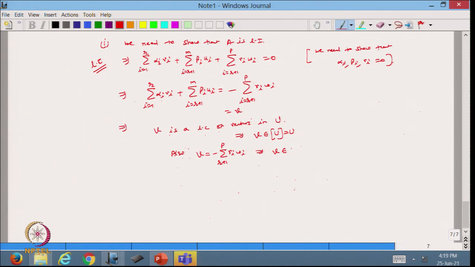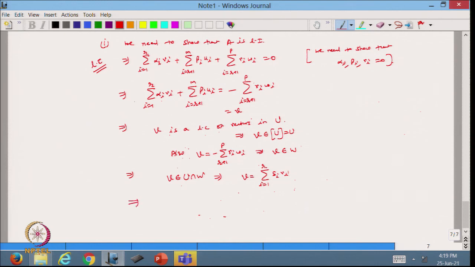So V also belongs to W. Now, since V belongs to U and W, V belongs to U intersection W, which implies that V can be written as some linear combination summation delta i Vi, i from 1 to r, because the Vi are the basis for U intersection W.